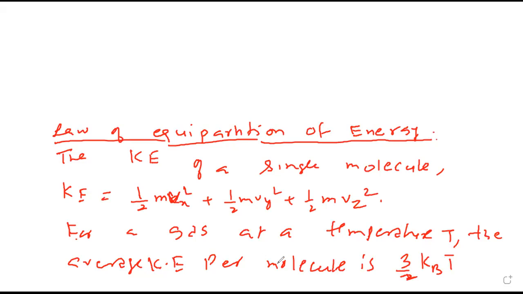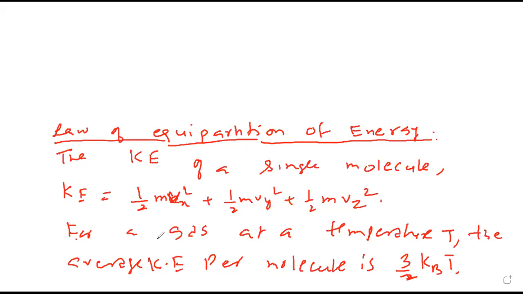Last class we did, kinetic energy of one molecule is 3 by 2 kBT, if you are remembering. So this 3 by 2 is like half plus half plus half. That means each half mvx square, half mvy square should be equal to half kBT. Then only half kBT, half kBT, half kBT will become 3 by 2 kBT.